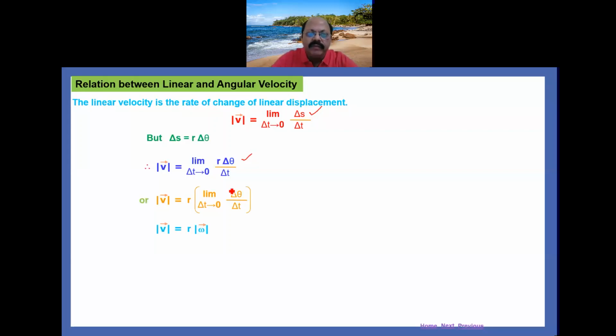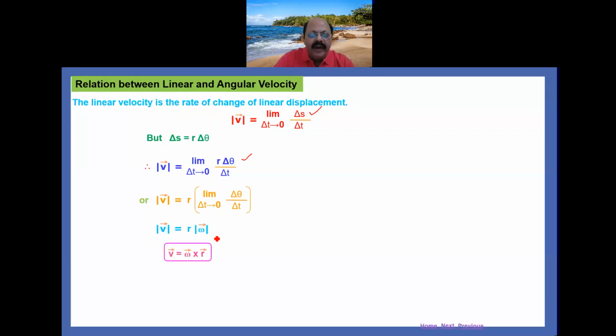You have just calculated this value, which is equal to omega, that is mod of omega vector. So mod of v vector equals r omega.